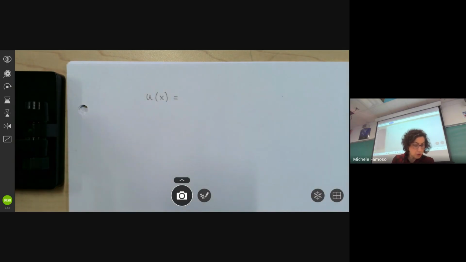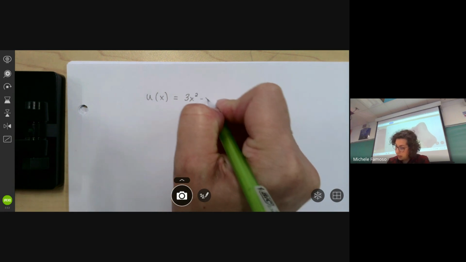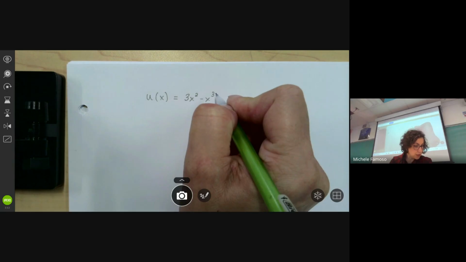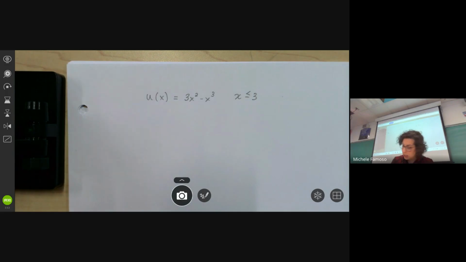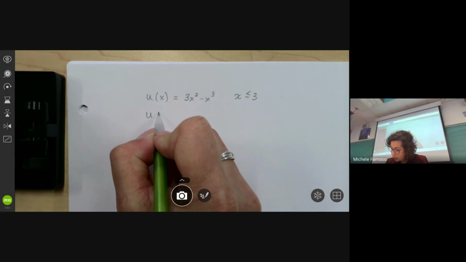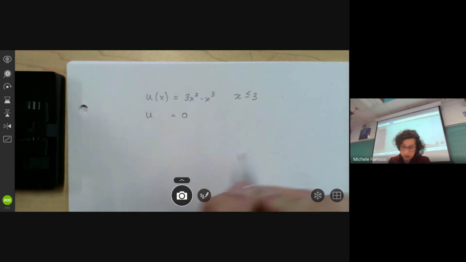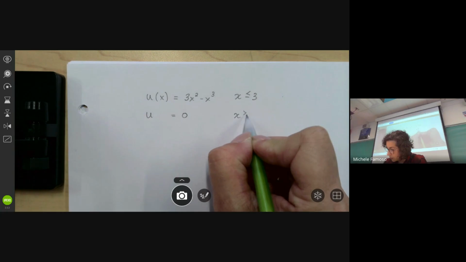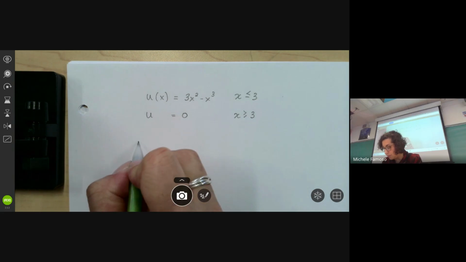Which is equal to 3x squared minus x cubed for x values less than or equal to 3, and the potential energy is equal to 0 when x is greater than or equal to 3. Now, in part A, at what positions is this object in equilibrium?